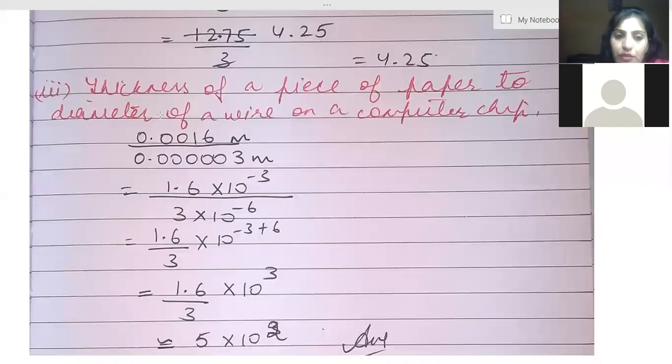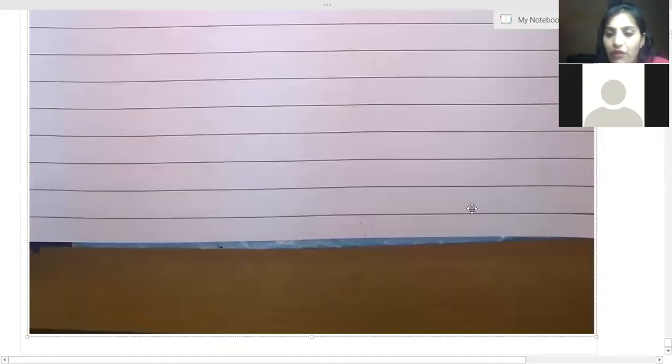See, we have reduced the given numbers to their standard forms. After that, applying the required formula, we got 1.6 into 10 to the power 3 by 3. So approximately 5 into 10 to the power 2. So the approximate answer is 500. Yes? Okay, ma'am. So with this, we finish off our chapter.